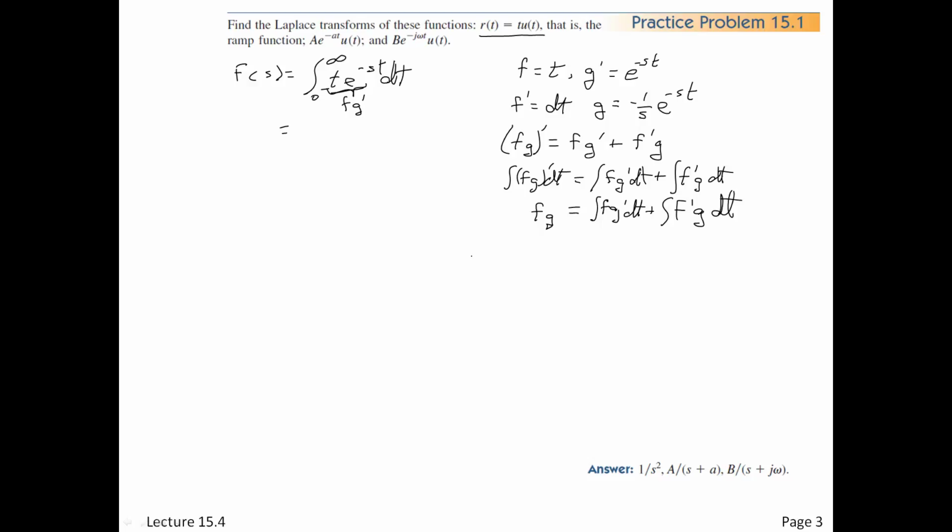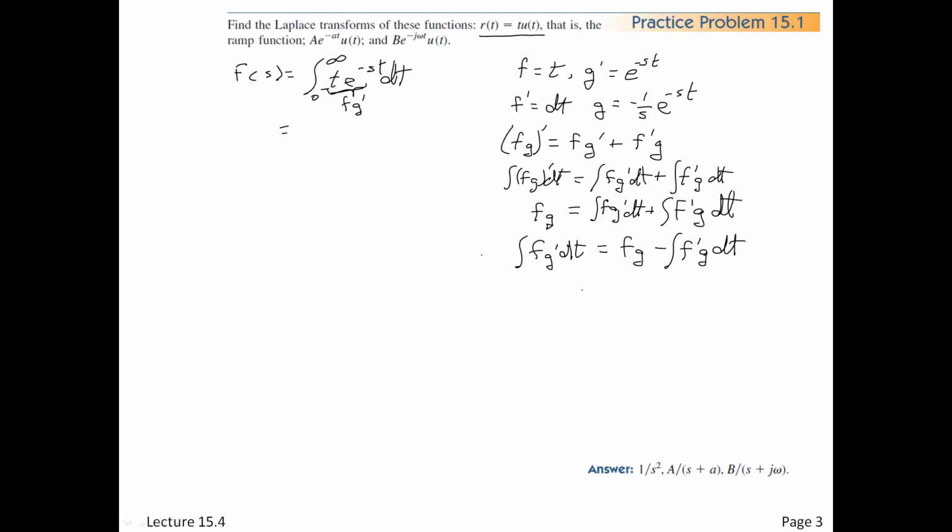I want to solve for this right here. So the integral of f g prime dt is equal to what? fg, just the product, minus the integral of f prime g dt. Okay? So now we have the product of two terms, and that up here is going to be our t times g, right?